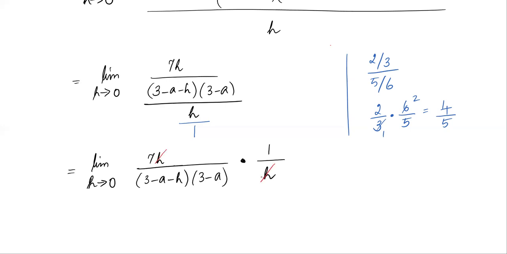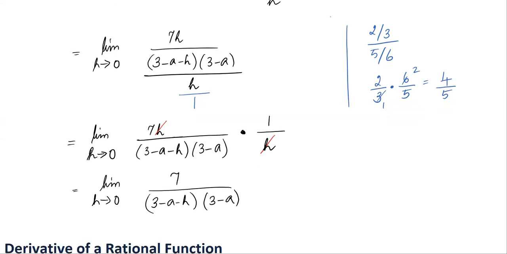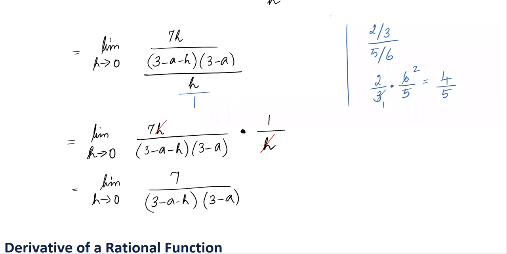And that happens. Well, you still have an h in the denominator, but it's not serious, it's not going to turn your denominator into a 0, right? So we have 7 on the top over 3 minus a minus h times 3 minus a, right?